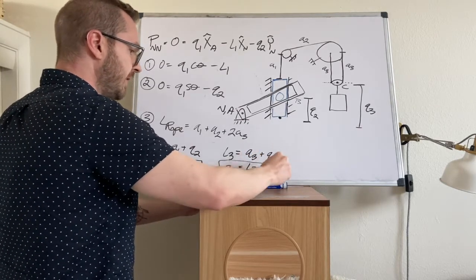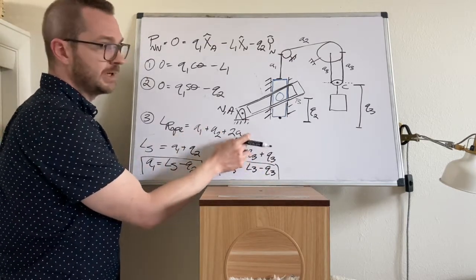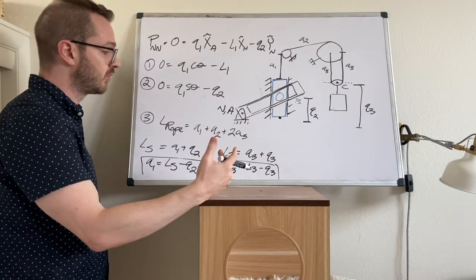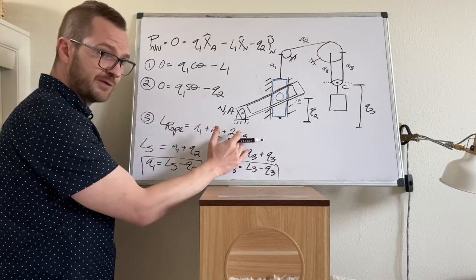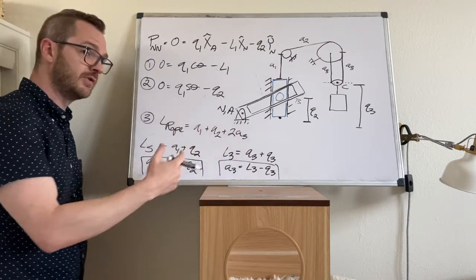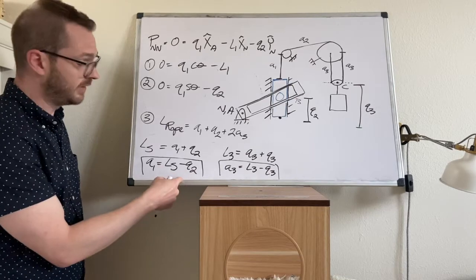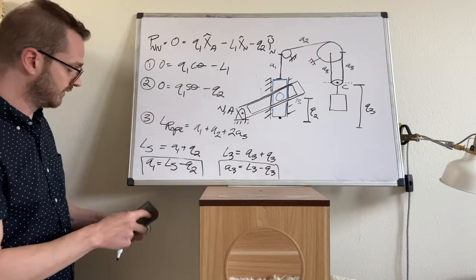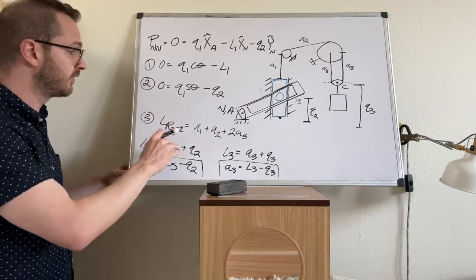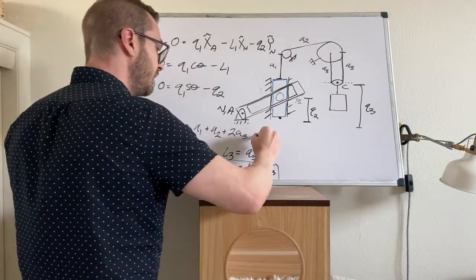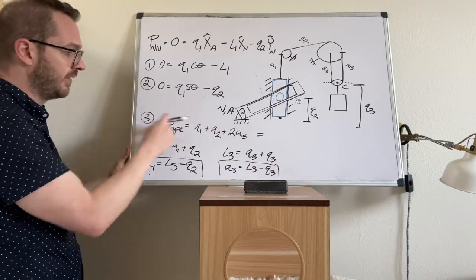All right. If you had called A1 and A3 additional generalized coordinates, so this would have been, say, Q4 and Q5, that means you would have needed 2 additional constraint equations, and that's literally what these two are. These would have been your 2 additional constraint equations. What I'm going to do is take these and put them directly into this equation, and that's going to eliminate the A1 and the A3.